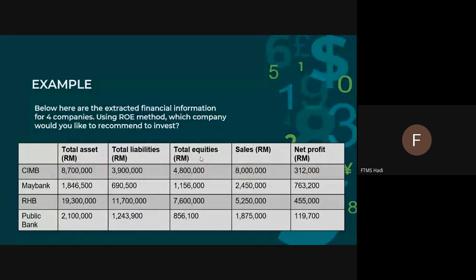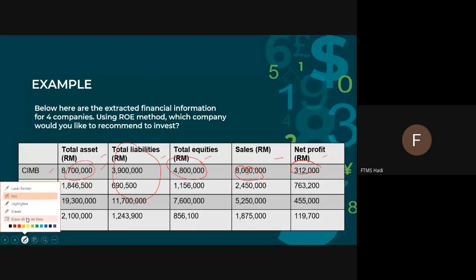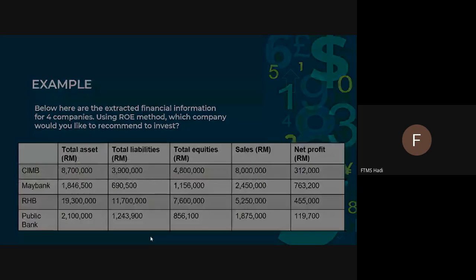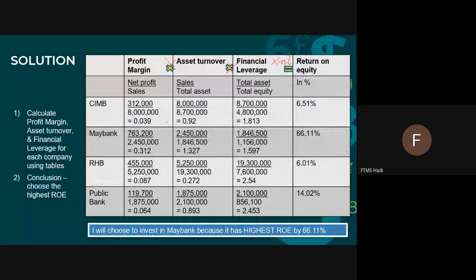That means they didn't use total liability. Total liability is not what we're talking about in this ROE calculation. Once you calculate this and multiply, you get this one. After you multiply by 100, you get the desired answer.